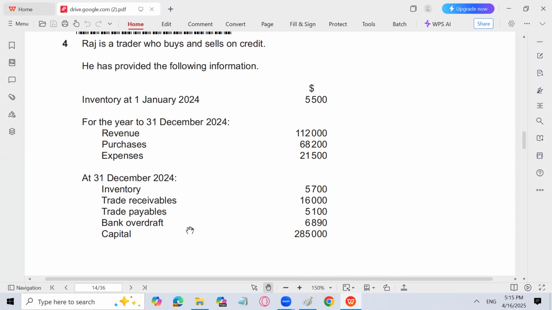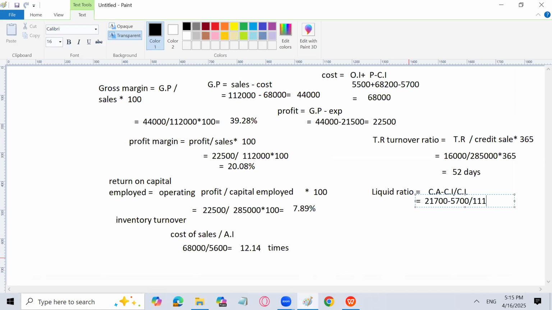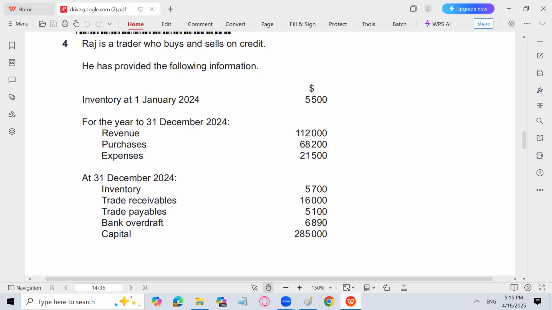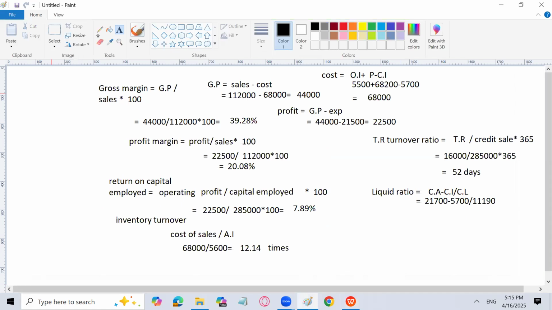Can you add them up? 5,100 trade payables and bank overdraft is 6,890. So the total amount is 11,990. So can you calculate it? You will write the answer in ratio form.